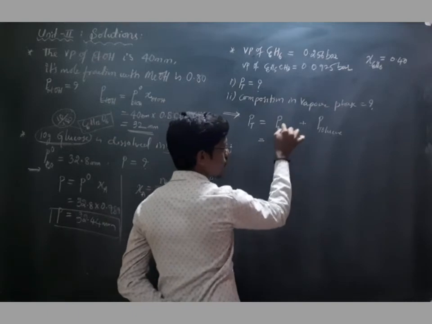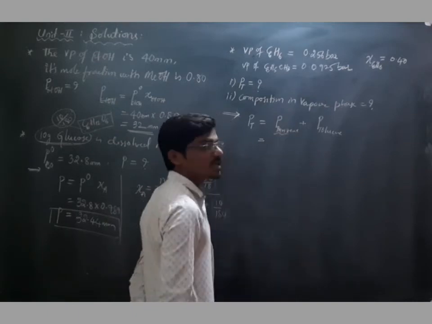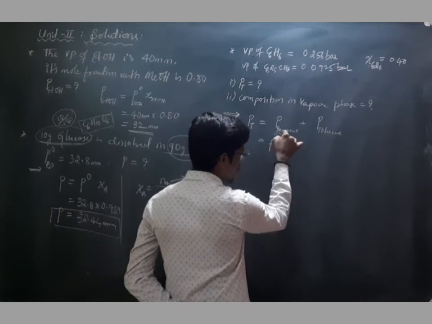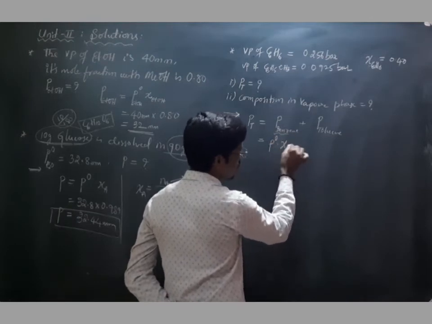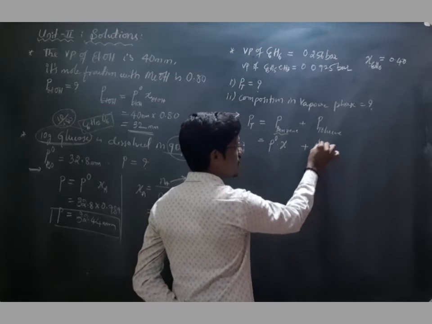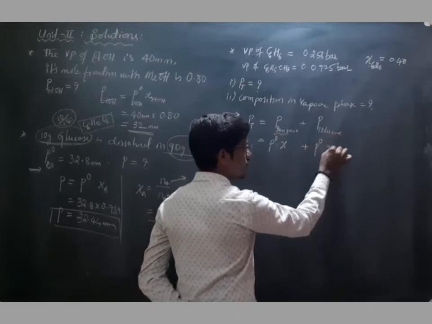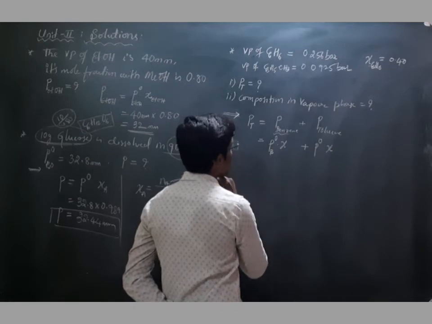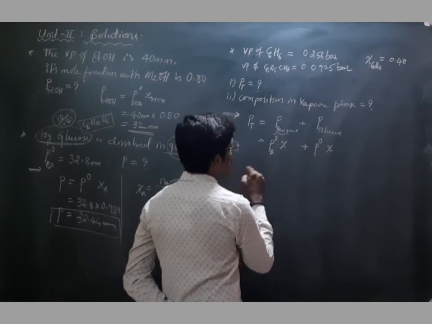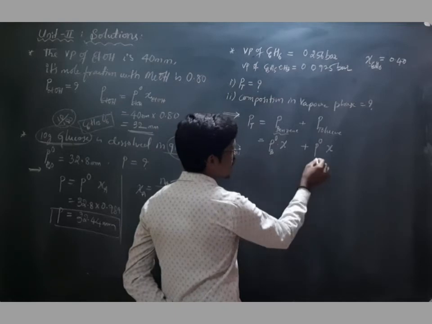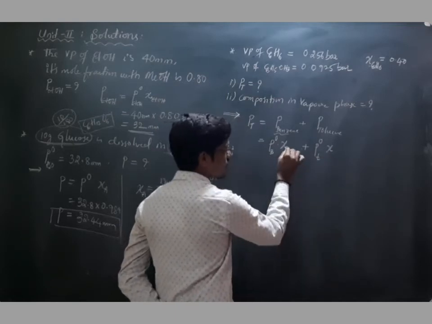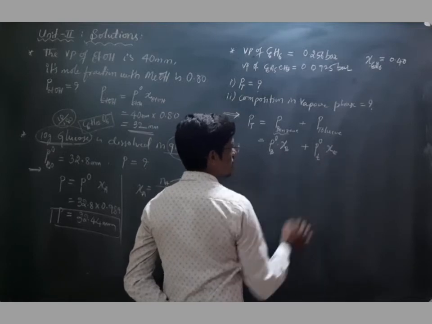So according to Raoult's law, P can be written as P naught into X. So here P naught of benzene into its mole fraction plus P naught of toluene into its mole fraction. Let us write B for benzene and small t for toluene: mole fraction of benzene, mole fraction of toluene.